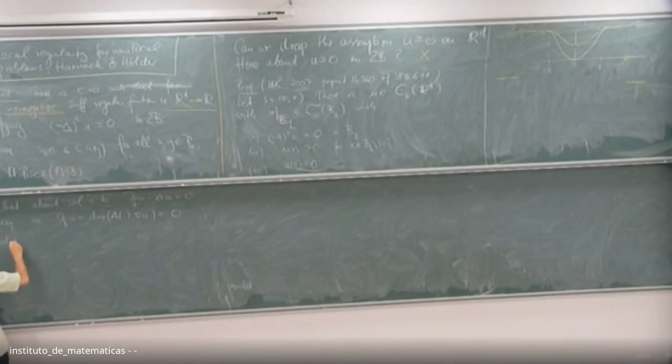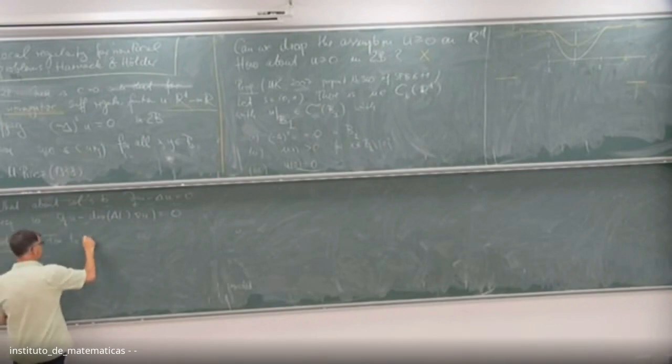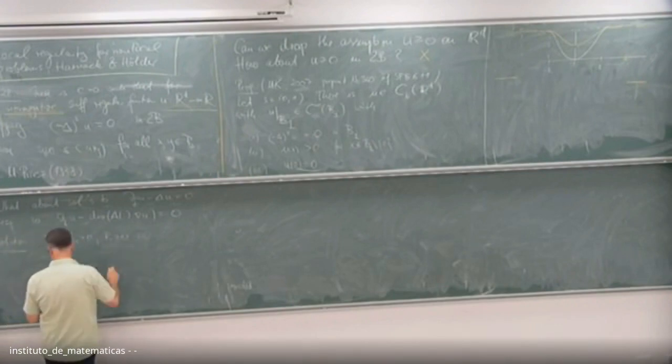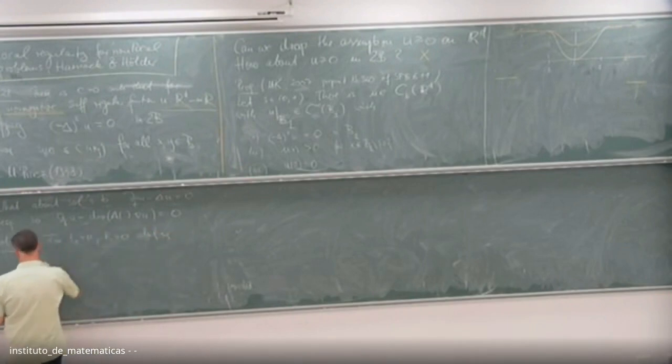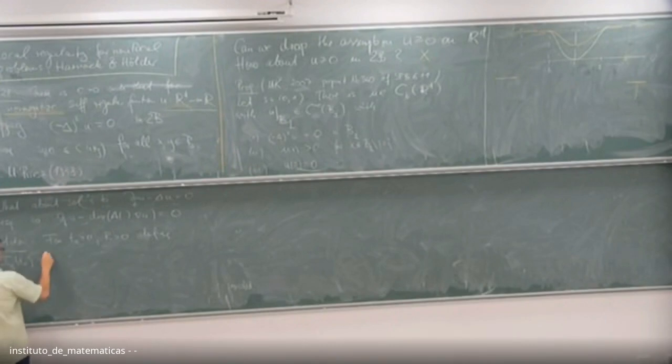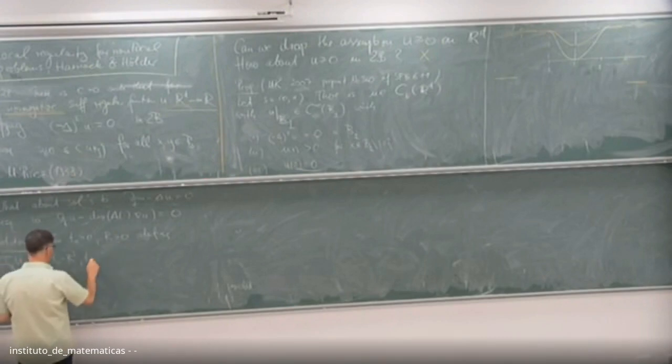That's going to be quick, I promise. For T naught positive and R positive, we define time intervals. The time interval I_R(T naught) is just the interval where in time you go backwards and forwards by R squared.